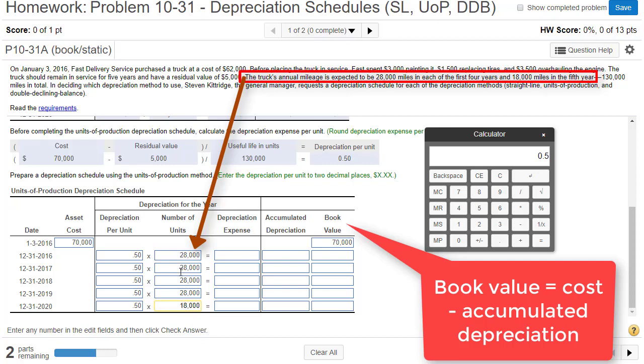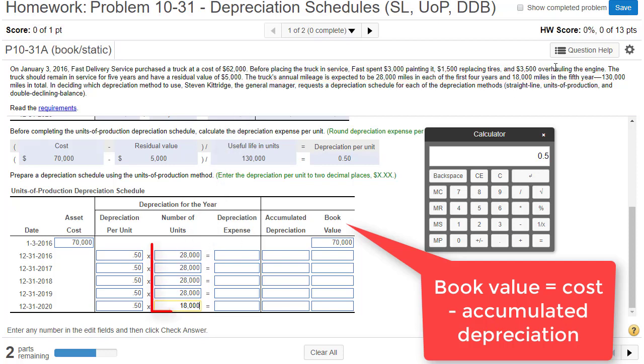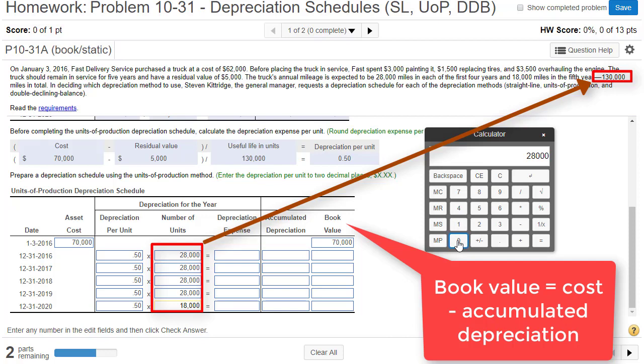Now all of these miles need to equal 130,000. So let's double check that. We got 28,000 times 4 equals 112,000 plus 18,000 gives us 130,000. So they did that correctly.